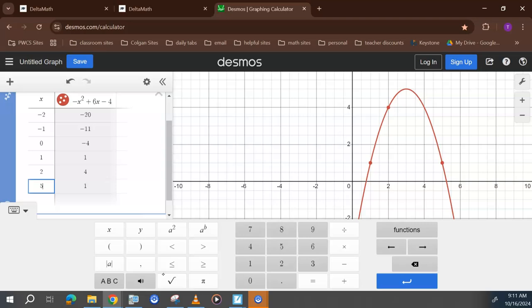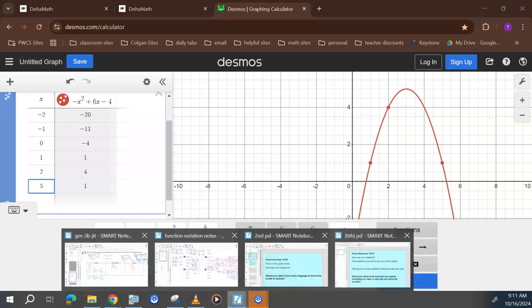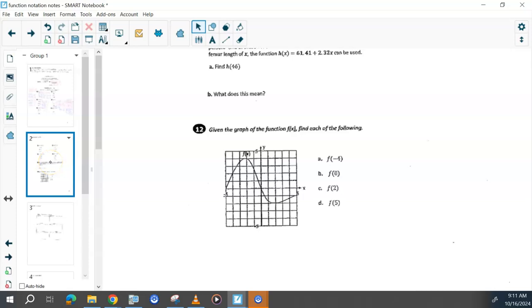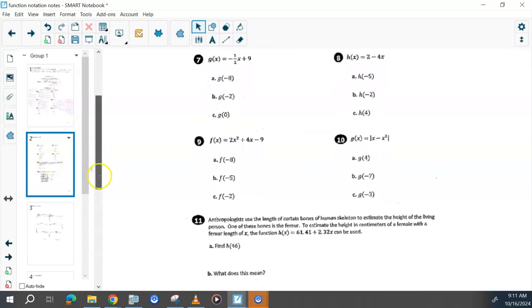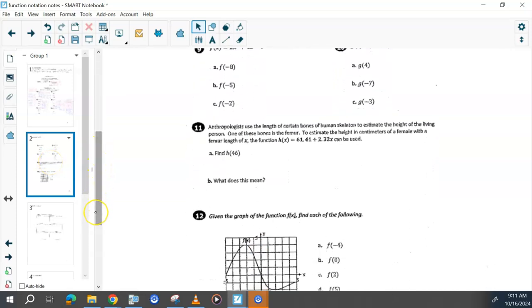Move on to the back. We're going to go to number 11. So let's read through this. Anthropologists use the length of certain bones of a human skeleton to estimate the height of a living person. One of these bones is the femur.